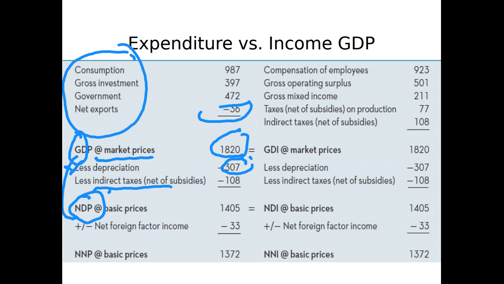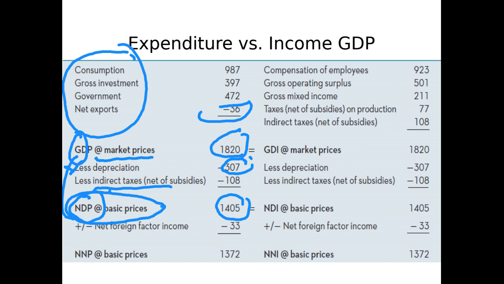Basic price means price before taxes, before you add 5% sales tax, for example. That is why we call it NDP at basic prices. That is $1.405 trillion.